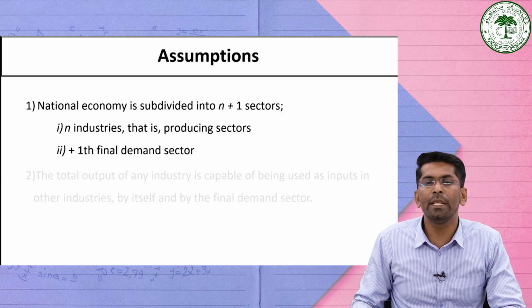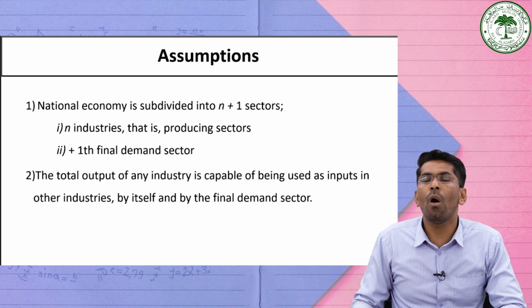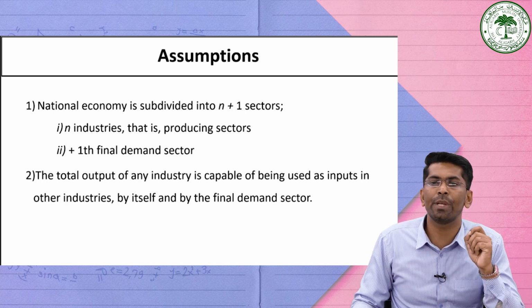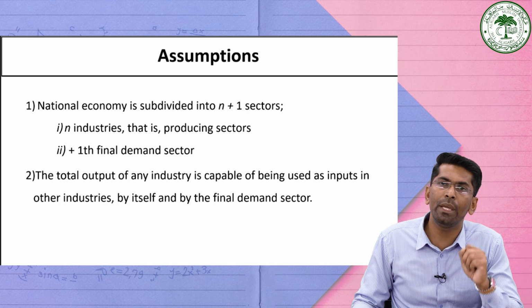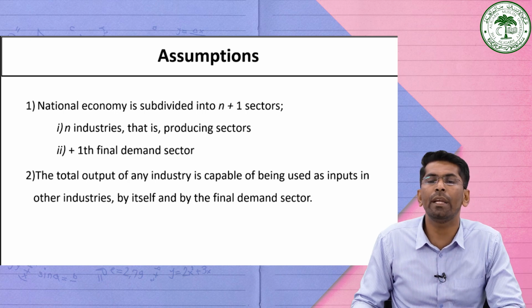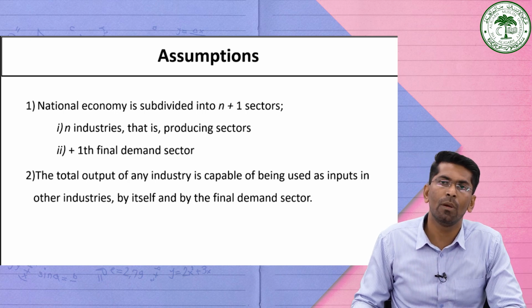The second assumption is that the total output of any industry is capable of being used as input in other industries, or by itself, and by the final demand sector.